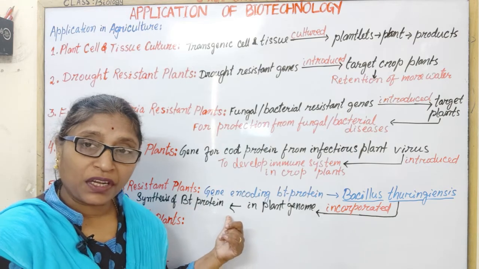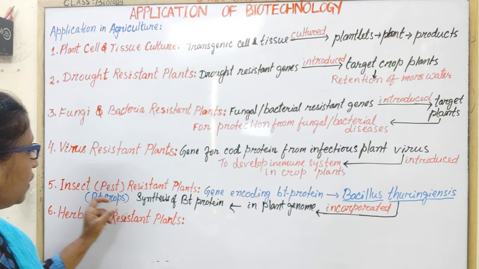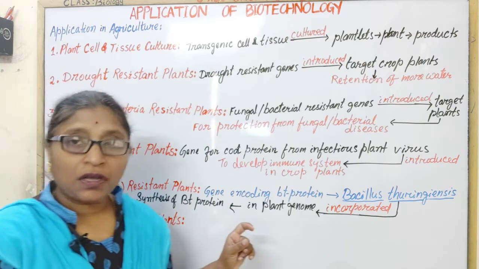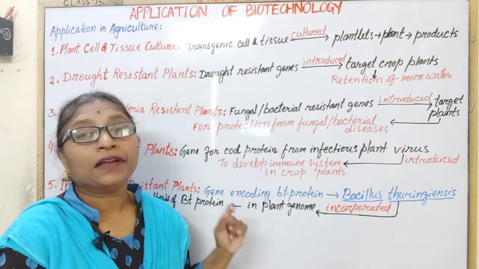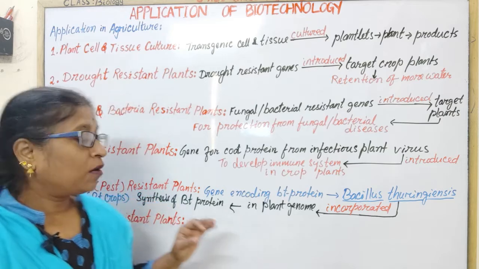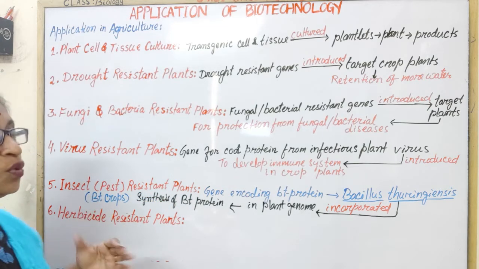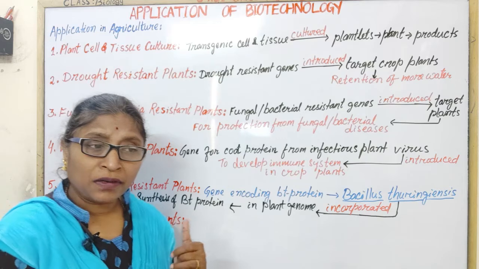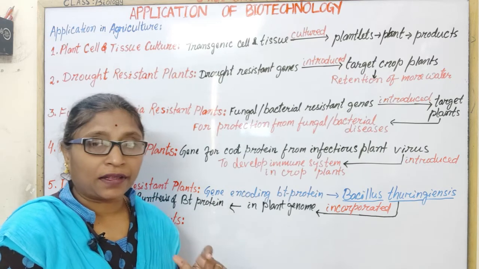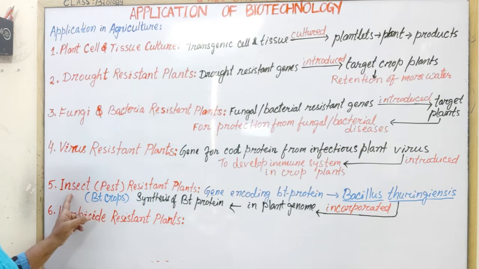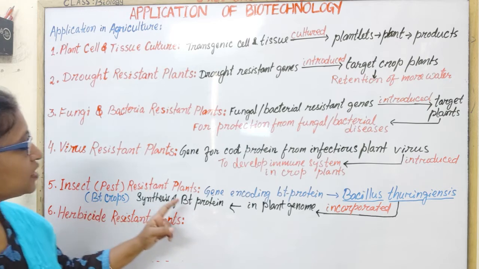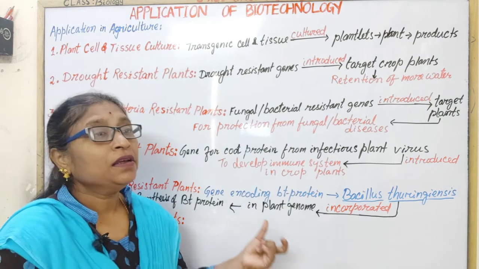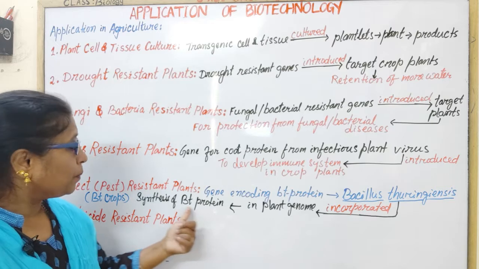This Bt protein is capable of destroying the pest, especially insects. The pest means who gives harm to another. So insect or pest resistant plants are developed by producing the Bt proteins.